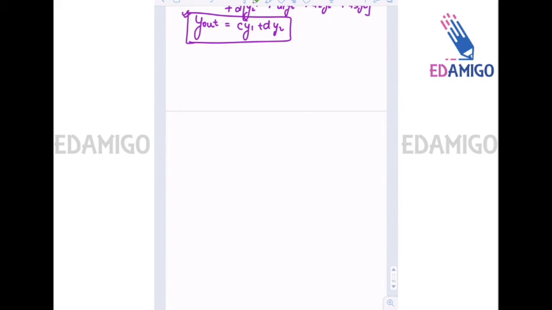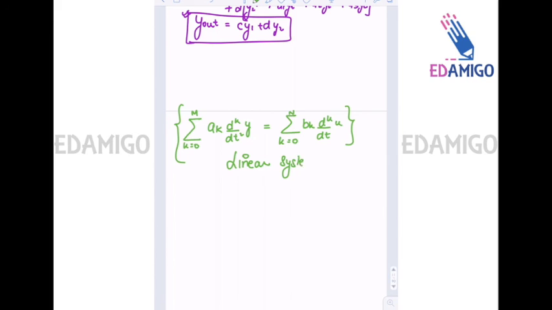The linear differential equations are of the format summation of a_k times the kth derivative of y equals summation of b_k times the kth derivative of another variable, let us say u, where k goes from 0 to N on one side and from 0 to M on the other. Such equations always produce a linear system, because these are linear differential equations.